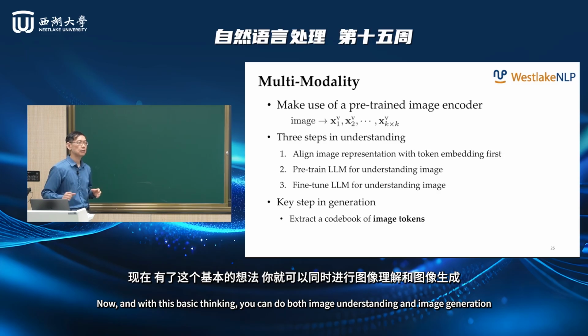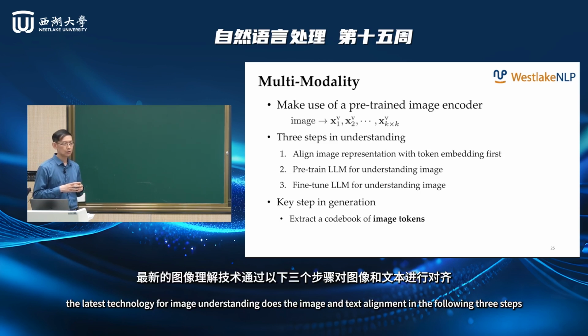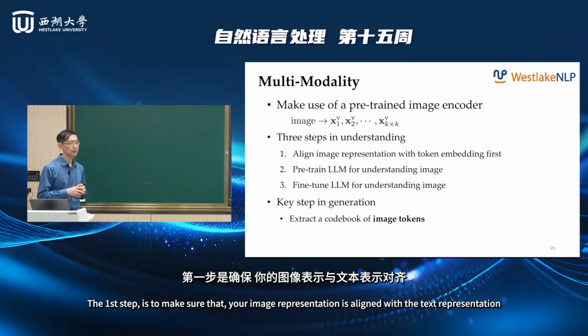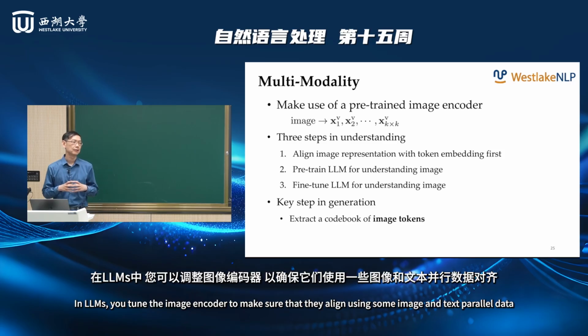With this basic thinking, now you can do both image understanding and image generation. So the latest technology for image understanding does the image and text alignment in the following 3 steps. The first step is to make sure that your image representation is aligned with the text representation in LLMs.